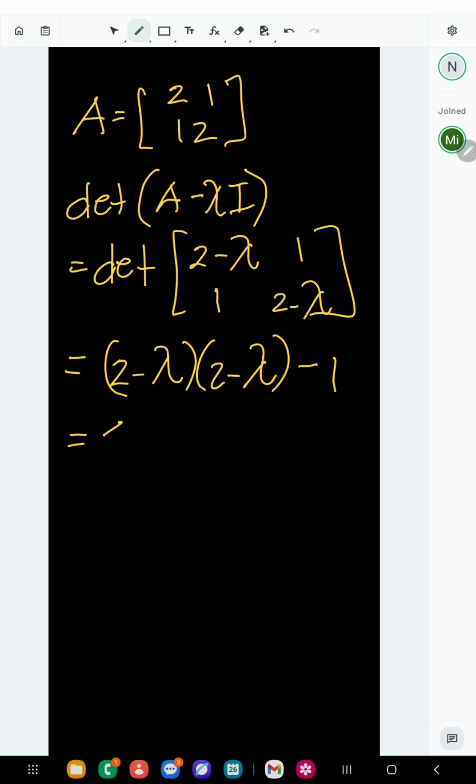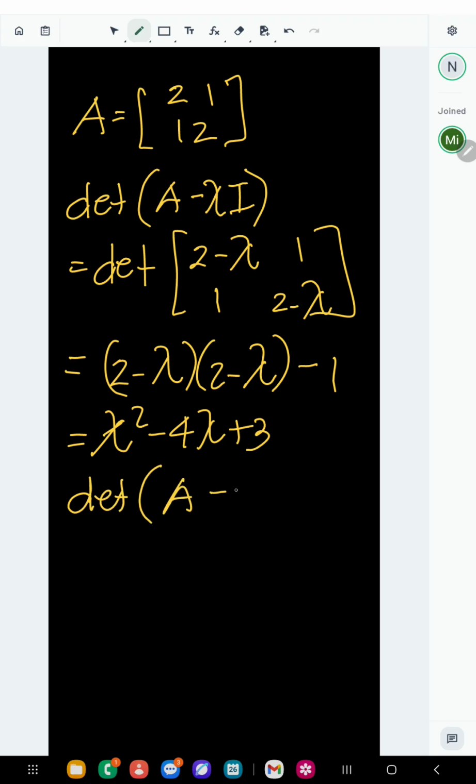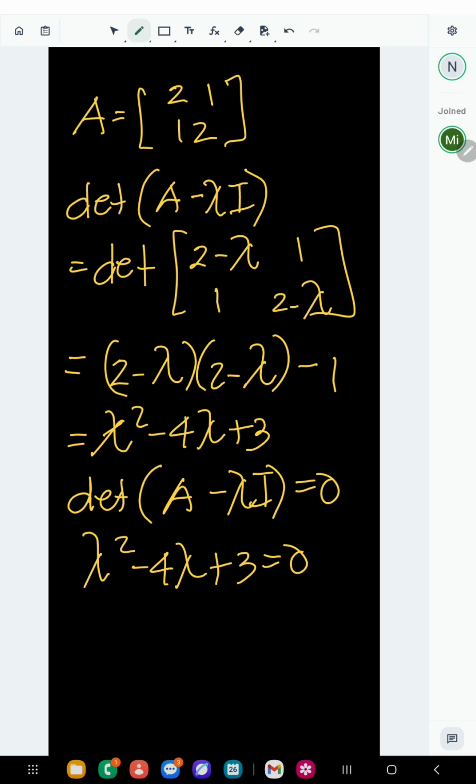So this is lambda squared minus 4 lambda plus 3. And then you equate this to 0, because the determinant of the matrix minus lambda times the identity matrix is equal to 0. So lambda squared minus 4 lambda plus 3 equals 0, and then you factor this: lambda minus 3 times lambda minus 1.